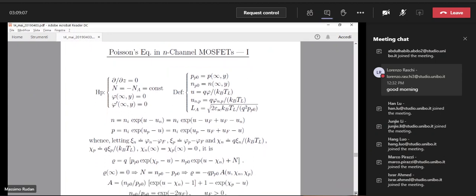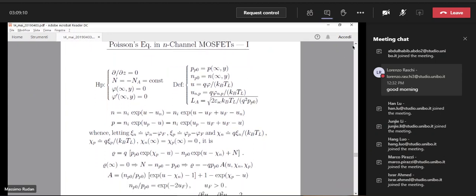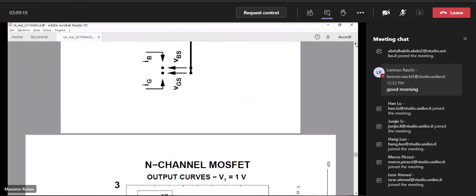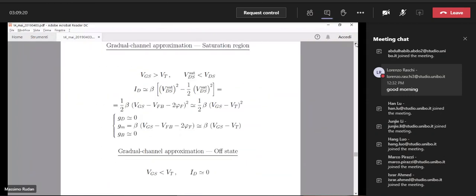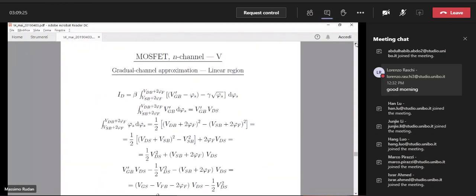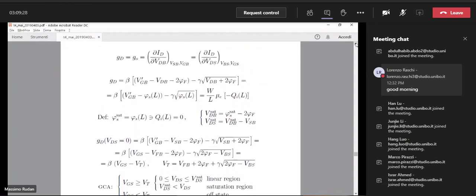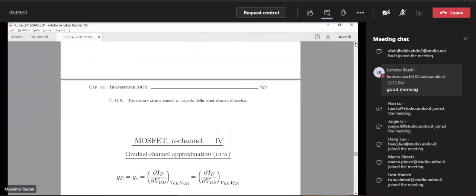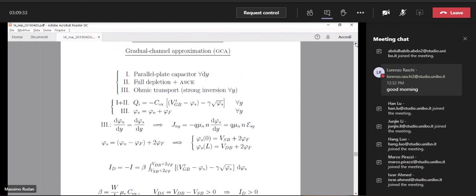We have left behind a number of considerations. You remember at some point we said there is the gradual channel approximation, and in the gradual channel approximation we treat the elementary strip as a parallel plate capacitor, and we shall see whether this is correct.